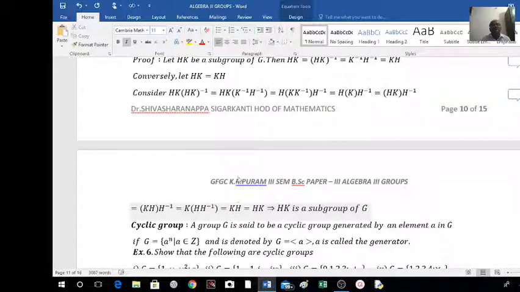And again, it is given by hypothesis that KH is equal to HK. So KH can be written as HK. So what I proved here is HK into HK whole inverse is equal to HK. This is same as HH inverse is equal to H. This proves that HK is a subgroup of G.